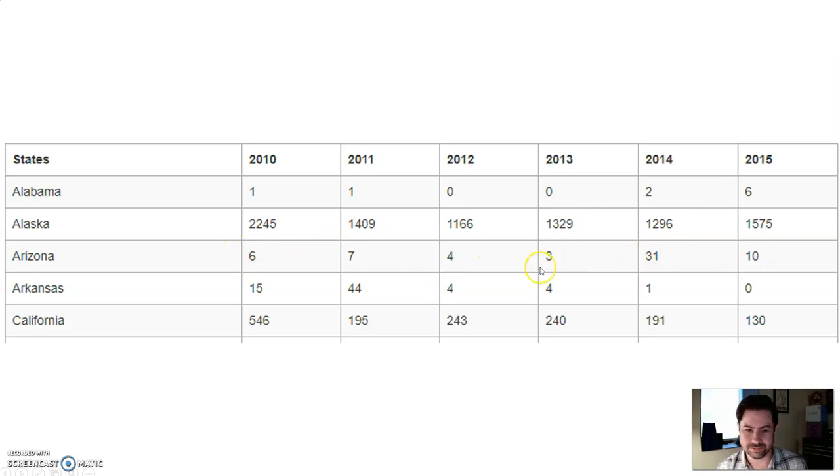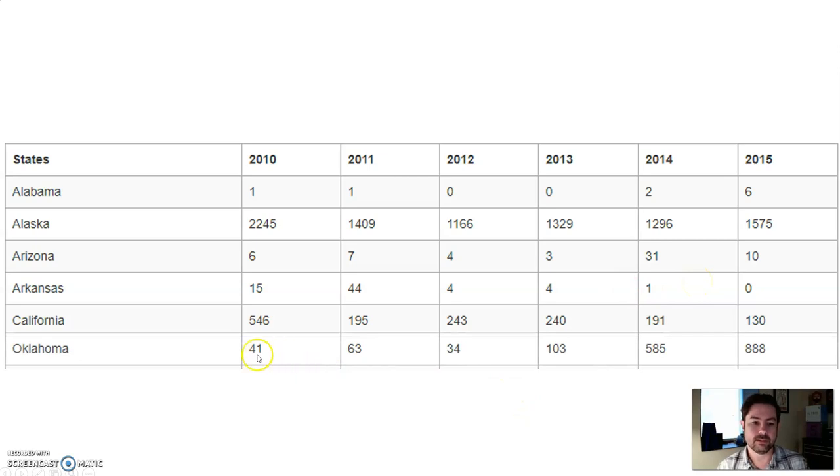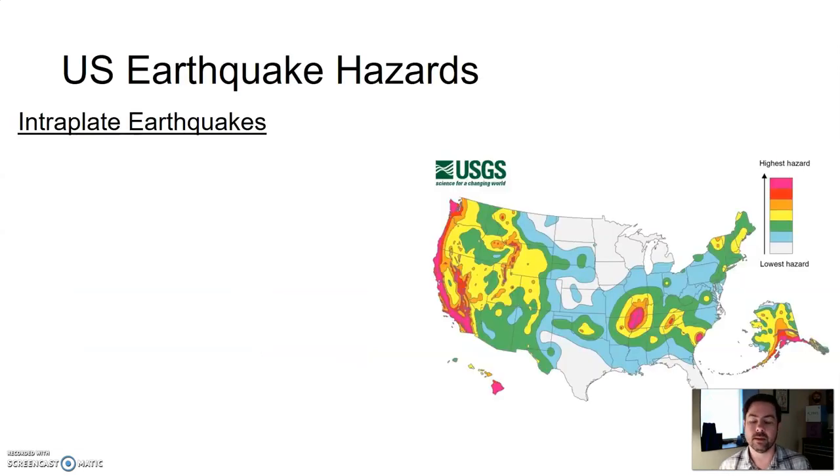Maybe a little jump here, but single, double digits. Arkansas. California gets a lot, in the hundreds. But again, looking at Oklahoma, going from double digits to jumping up to almost 1,000 in that 6 year period. So something weird's going on in Oklahoma. Darn you, Oklahoma. Those are man-made, but regardless, whether it's man-made or whether it's some of these earthquakes in Missouri or South Carolina, these are all earthquakes that are away from plate boundaries.